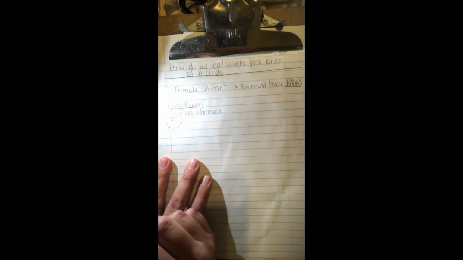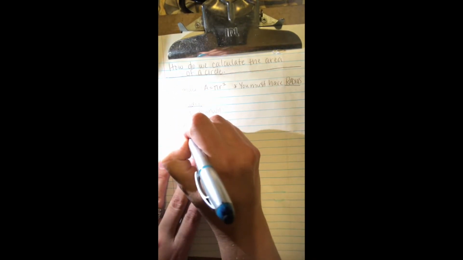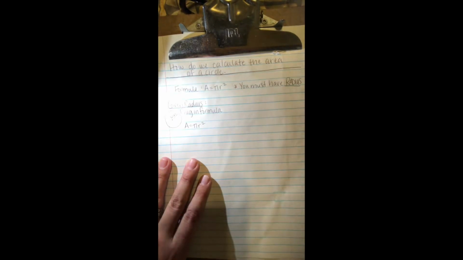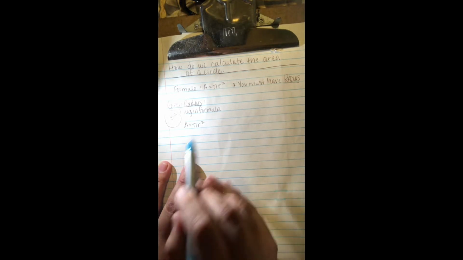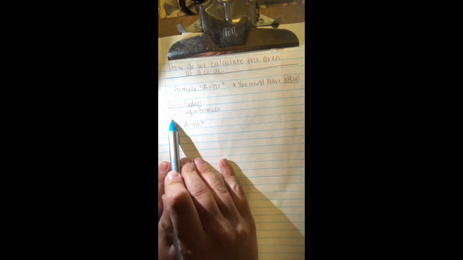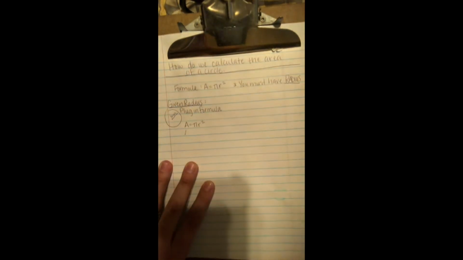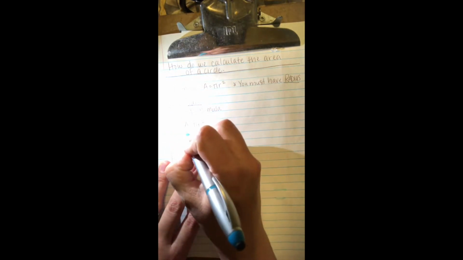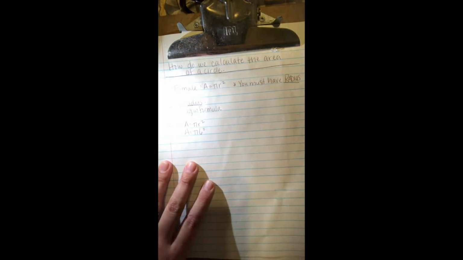How we do that is we write the original formula. So we're going to write area equals pi r squared. And then we replace the r with the value that we know. We no longer need the r because we do know the r in this problem. Our r is going to be 6. So we have area equals pi times 6 squared.